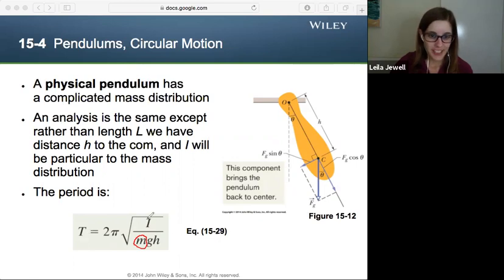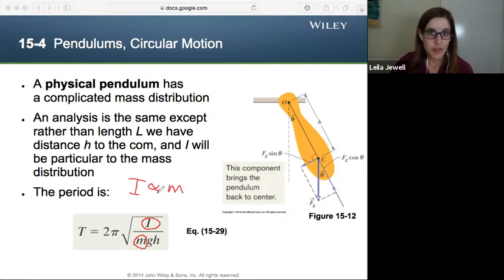Well, there is a catch in this, and that's that we have the rotational inertia in the numerator. And I is always proportional to mass. In every iteration of it, it's usually mass times some distance squared, like mr squared, mL squared. And then there might be a number like a 1/2, 1/3, 1/12 in front of it.